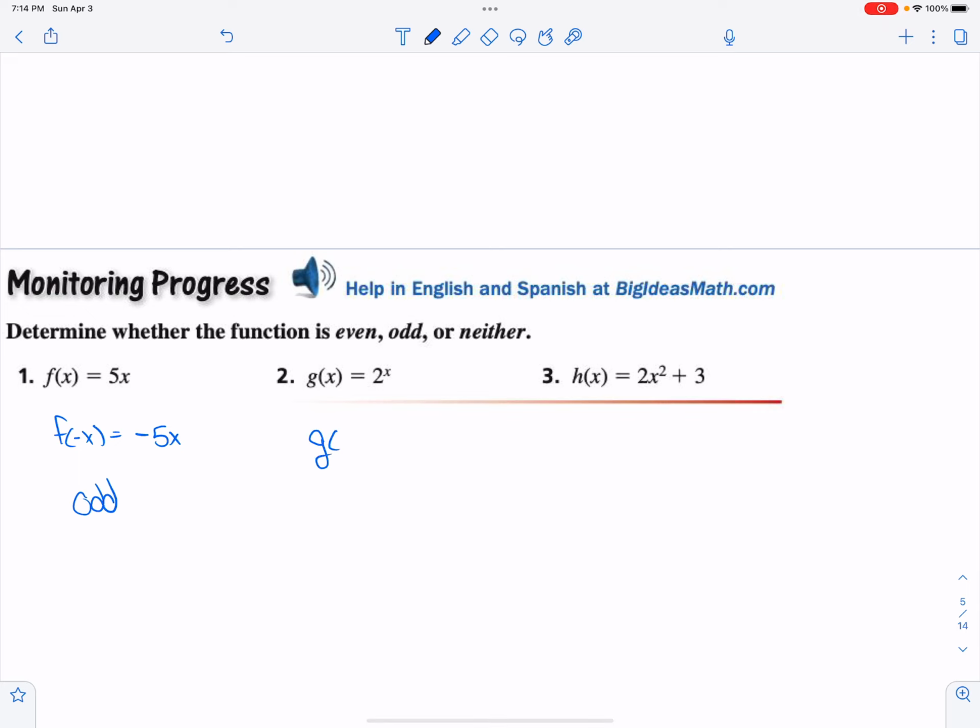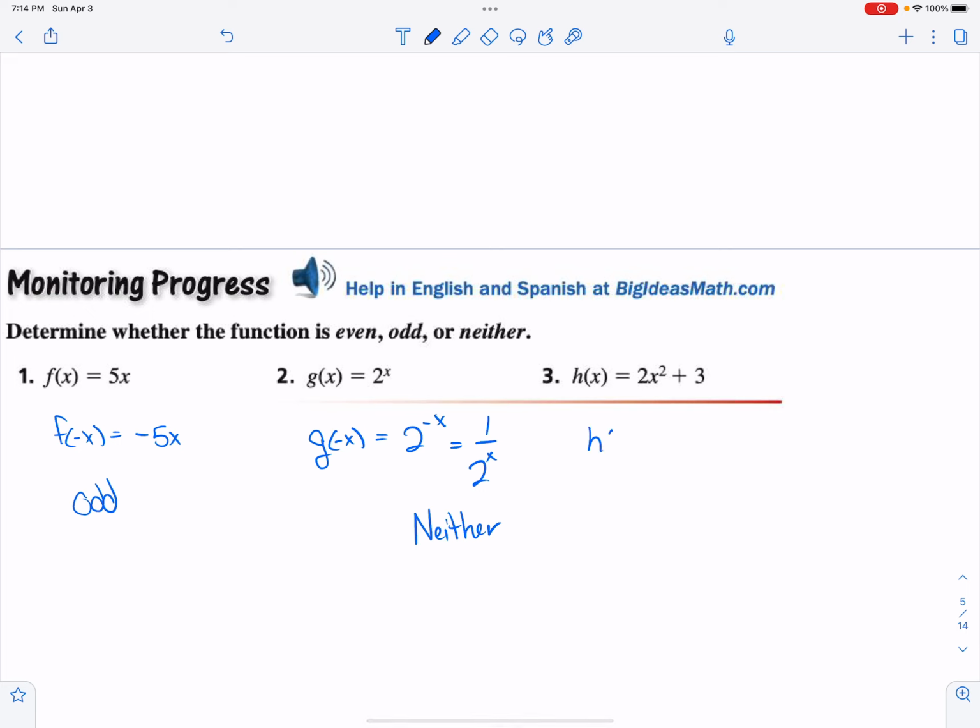g of x evaluated at negative x is equal to 2 to the negative x power. And as you'll recall, 2 to the negative x power just means 1 over 2 to the x power. This one's actually neither. I wouldn't expect you to have known that, but because it didn't change signs, it just did the reciprocal, it's neither.